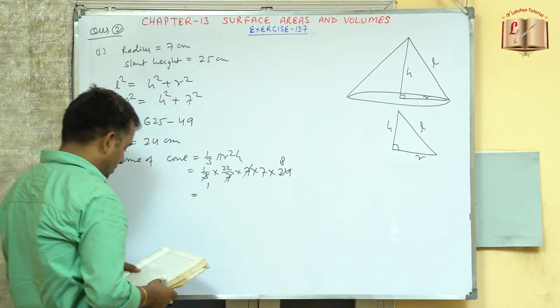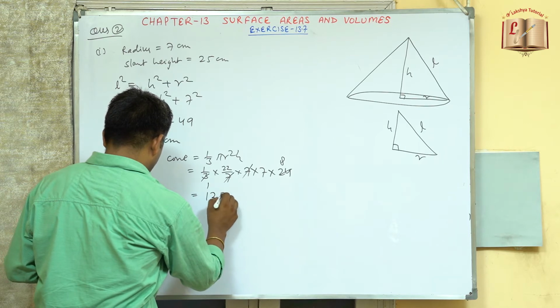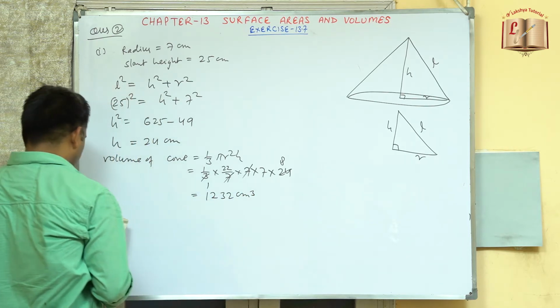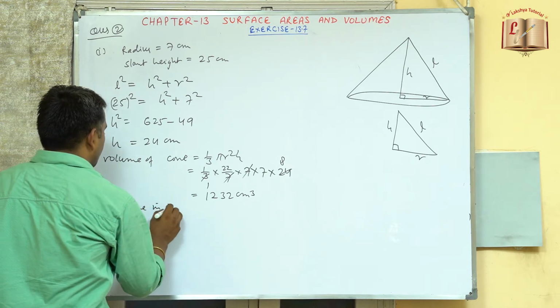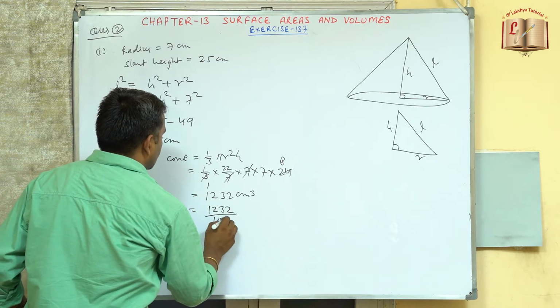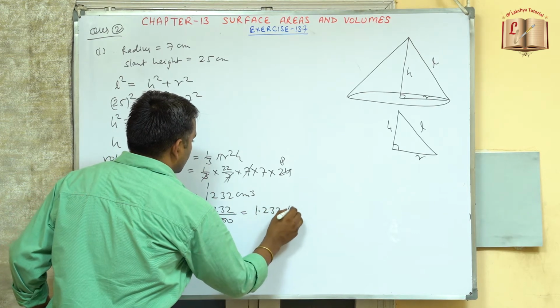So on multiplication we got 1232 centimeter cube. Volume in liters will be equal to 1232 divided by 1000. So this will be 1.232 liters.